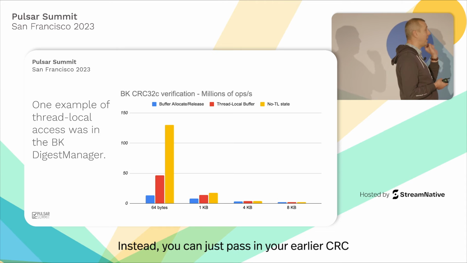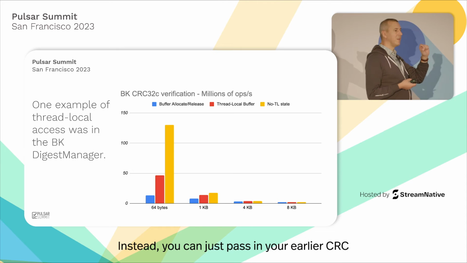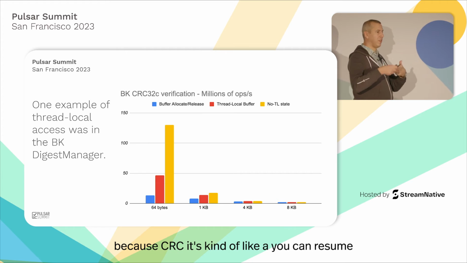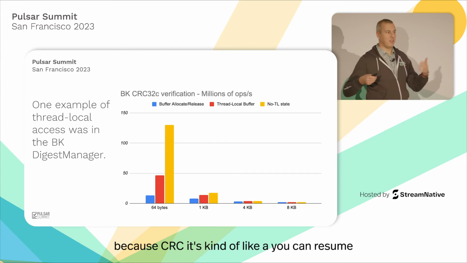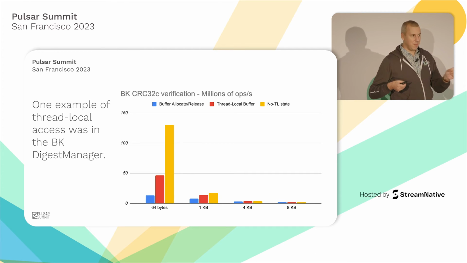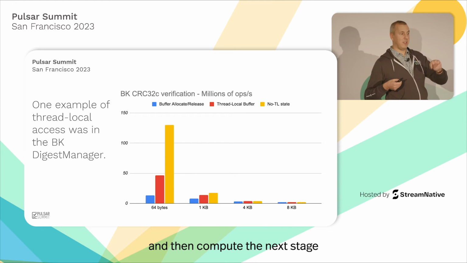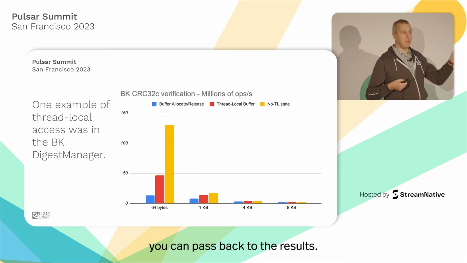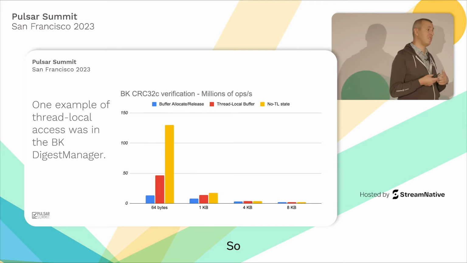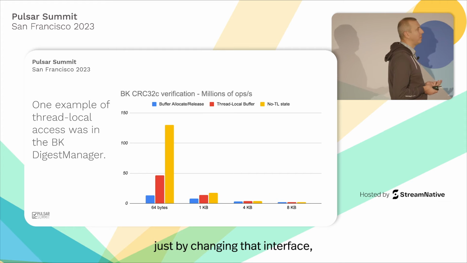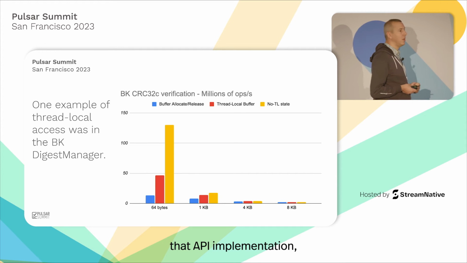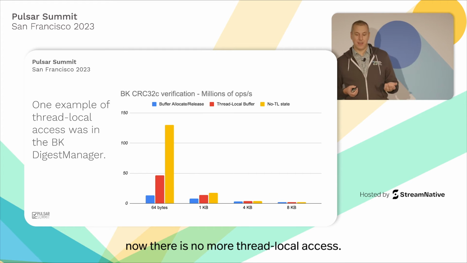Instead, you can just pass in your earlier CRC, because with CRC you can resume: start from zero, compute the CRC of a bunch of bytes, and then compute the next stage, in which case you can pass back the previous results. So just by changing that interface, that API and implementation, now there is no more thread local access.